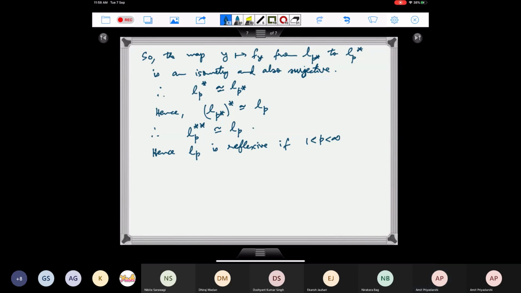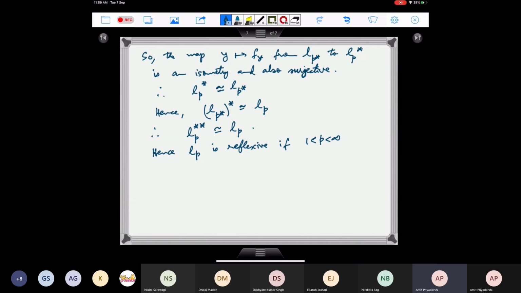For P equal to 1 also, you can show that the dual of L1 is L infinity, but the dual of L infinity is not L1. So that is where you will see that the L1 space is not reflexive. Okay, so it is almost time.